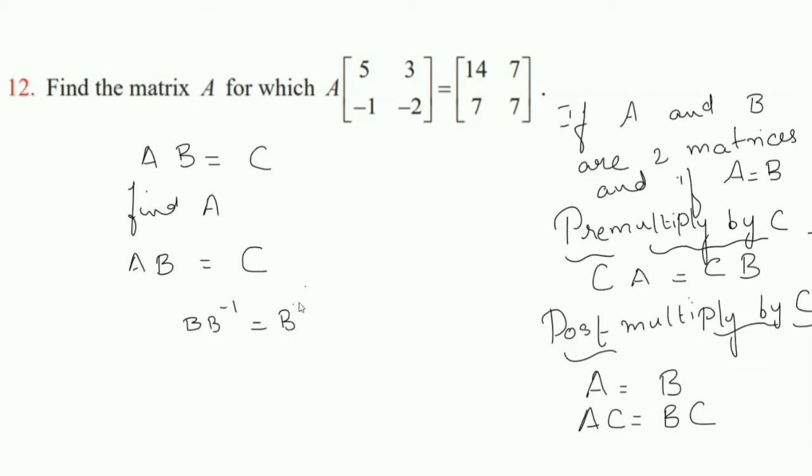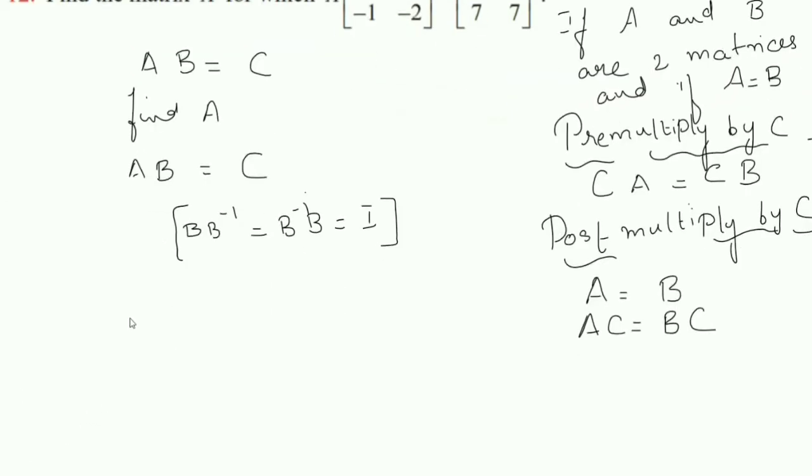B into B inverse is equal to B inverse into B, which is equal to the identity matrix. You already learned this. If you multiply a matrix by its inverse, you get the identity. So for that I am going to post-multiply, because I want to bring the identity matrix there.